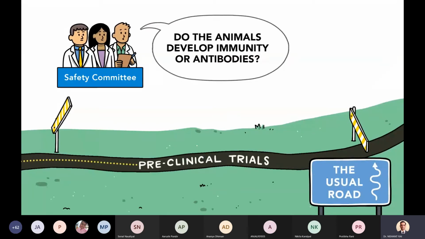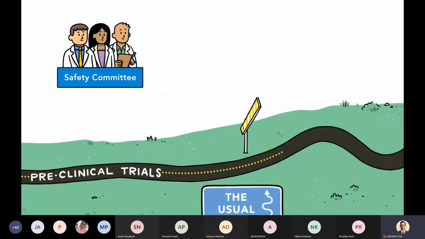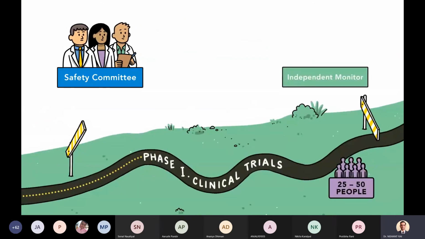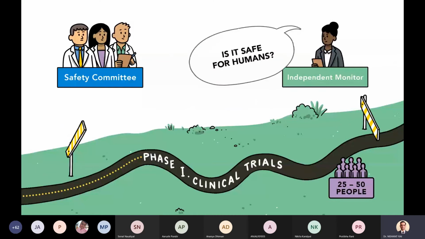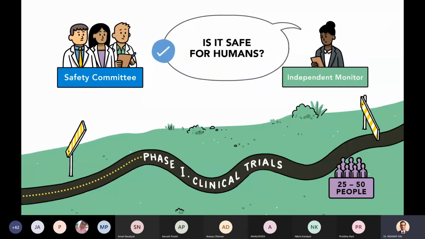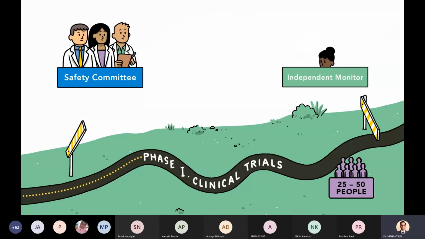During preclinical trials, the vaccine is tested on animals to determine whether they develop antibodies to the disease-causing germ. If these trials are successful, the candidate vaccine moves on to phase 1 trials in humans, during which the vaccine is given to a small number of healthy adults to assess its safety in humans.